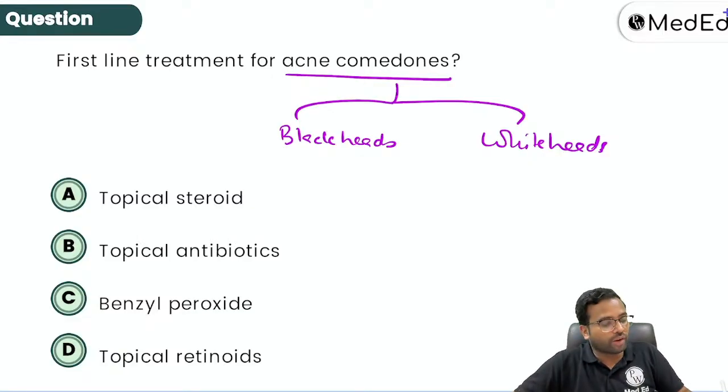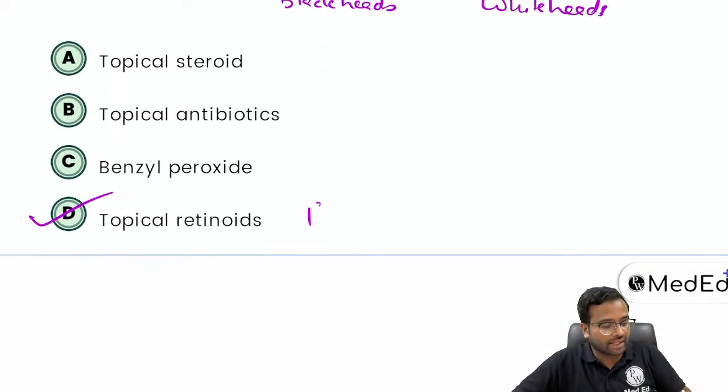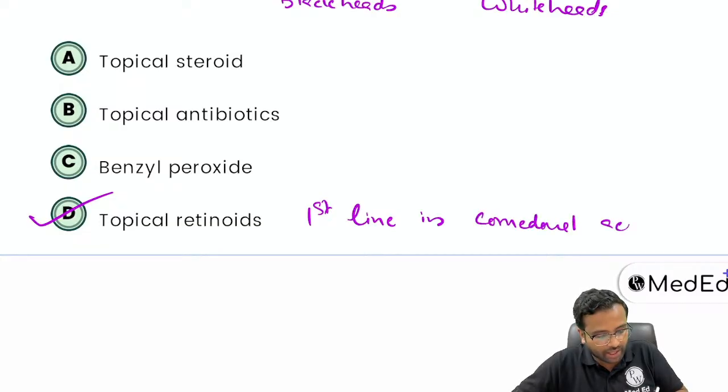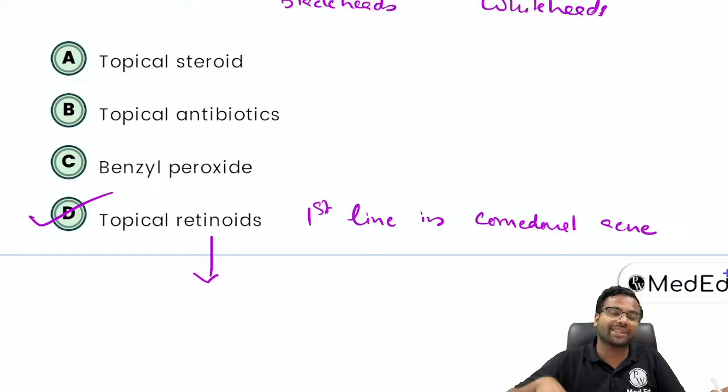Excellent. So whoever is answering it as topical retinoids, please remember this is the first line agent in comedonal acne. It is also very important that before you go for your exam, please remember some examples of topical retinoids.